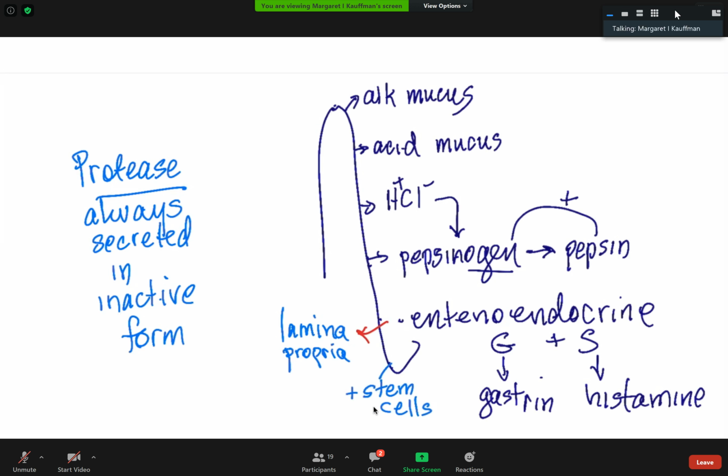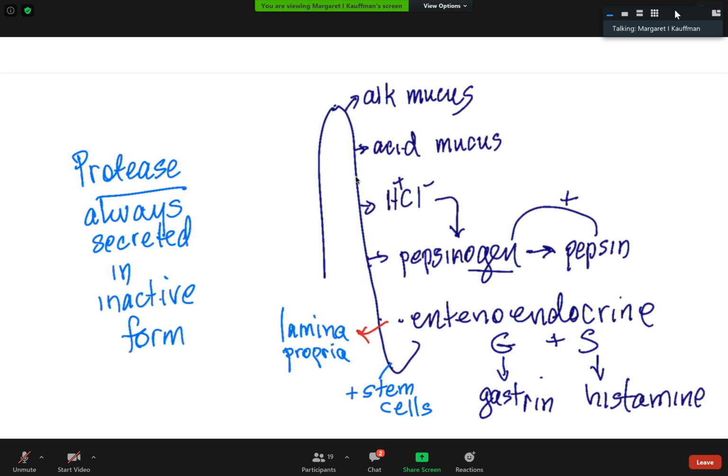So way down here, you have stem cells that are constantly generating these. And I actually don't know, but it seems to make sense that stem cells being mitotic here may push cells upwards along here, which means that a cell that was an enteroendocrine cell may, as it moves up, become a chief cell, which then becomes a parietal cell that becomes the mucous neck cell that then becomes the surface epithelia.